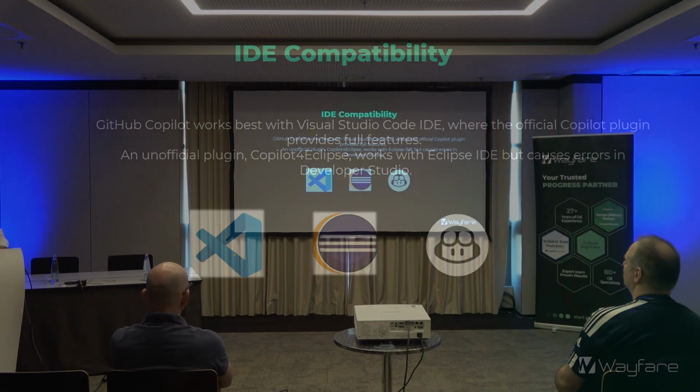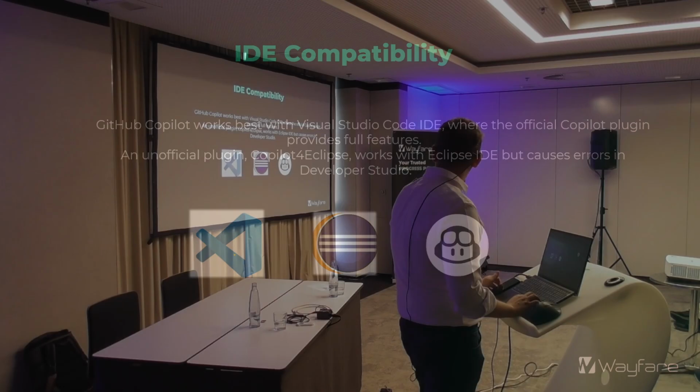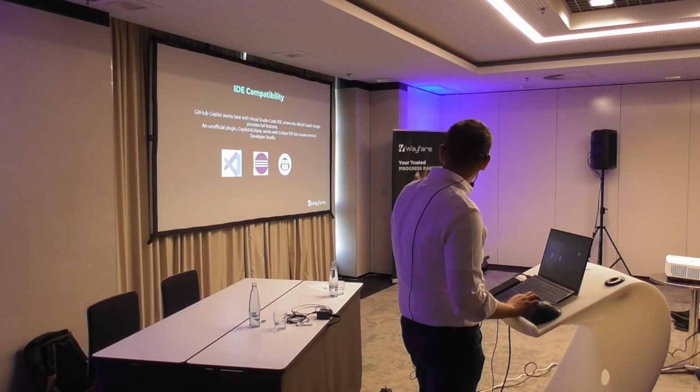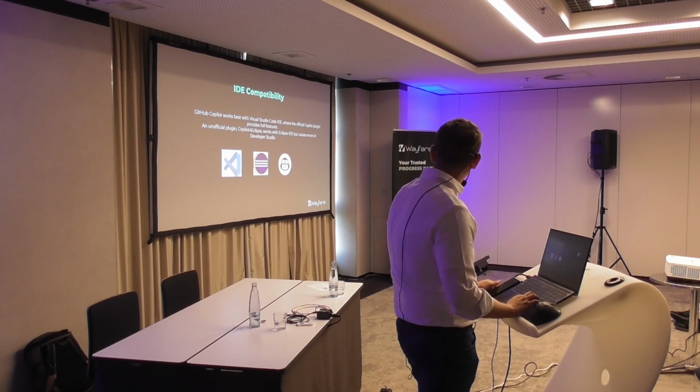Okay, the compatibility. As I was saying, it's working with Visual Studio Code really well. The Copilot for Eclipse plugin is not working, causing a lot of errors, due to the conflict with the dependency.